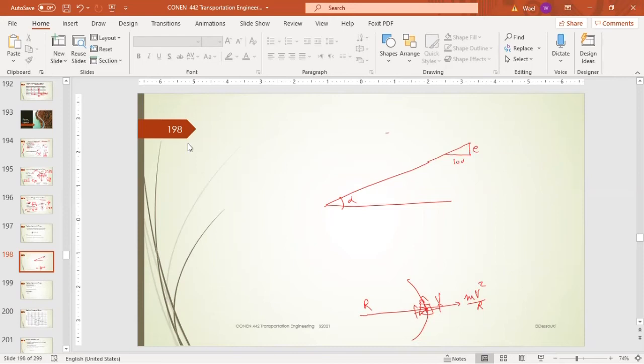So this car will be driving on the road this way, and it has a weight at the CG. So its weight acts downwards, weight equals mass times g, and there is a centrifugal force acting this way, mass times V squared over R. Clear?